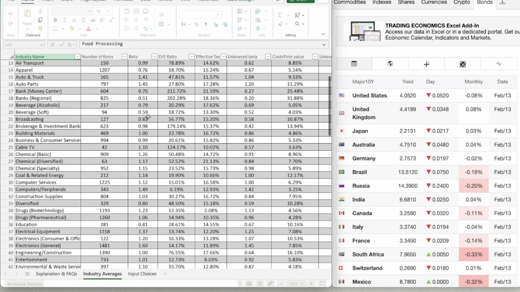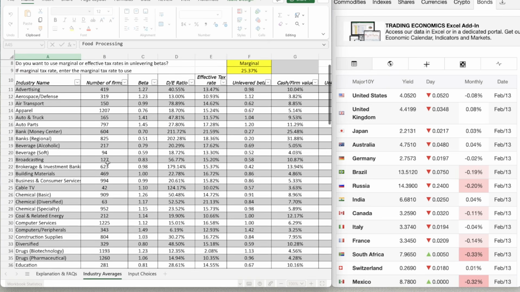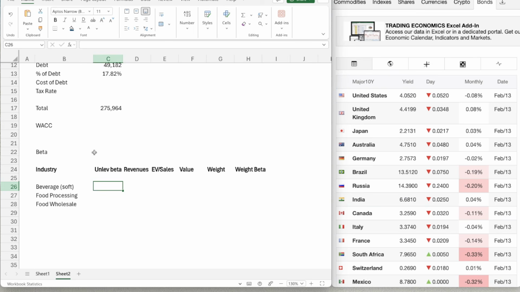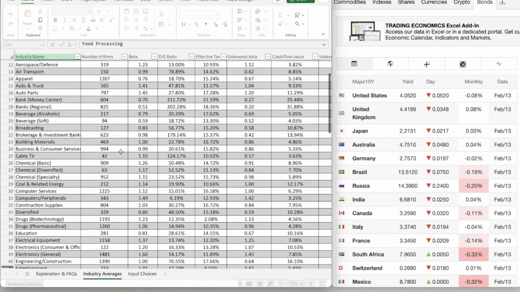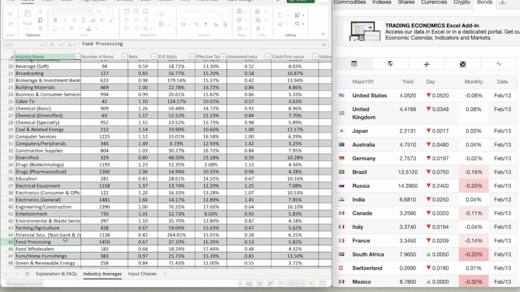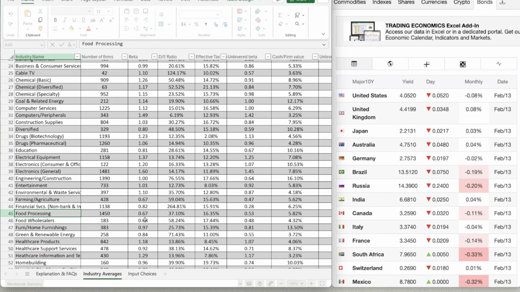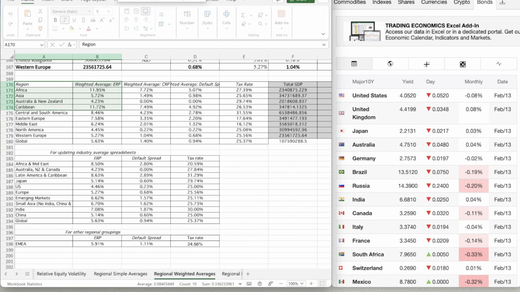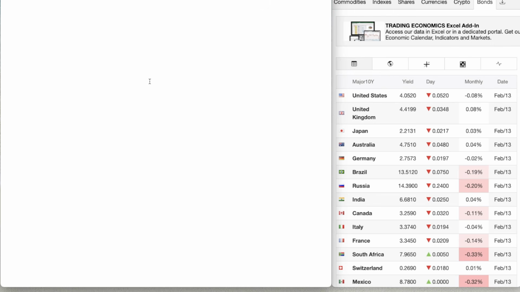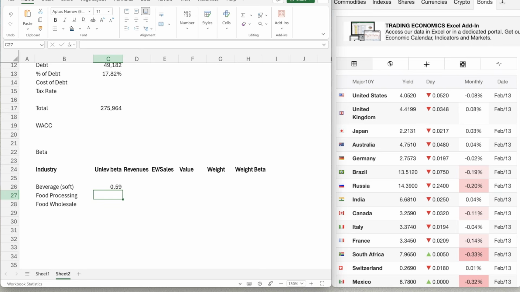So for beverage soft, 0.59. Food processing, 0.67, and then 0.68.